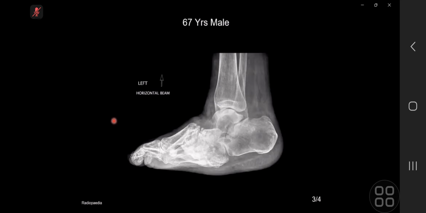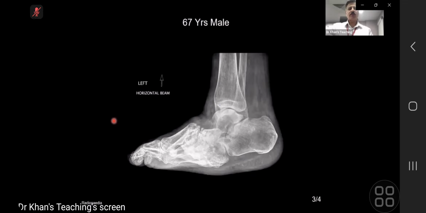There's bone destruction of the anterior talus, as well as the metatarsal bones as well. So your diagnosis? My diagnosis, Charcot's foot.